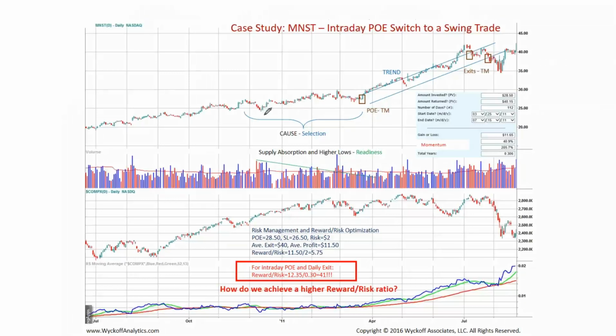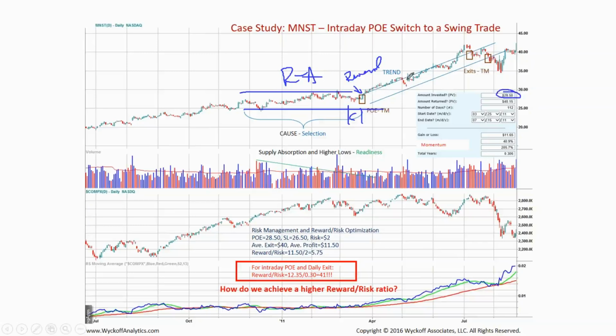Basically we're looking at a stepping stone reaccumulation range right here. And we are identifying phase C in this area, and we are identifying a reversal. Now with this reversal, we could enter this reversal at the end of the day, let's say at 28.50.